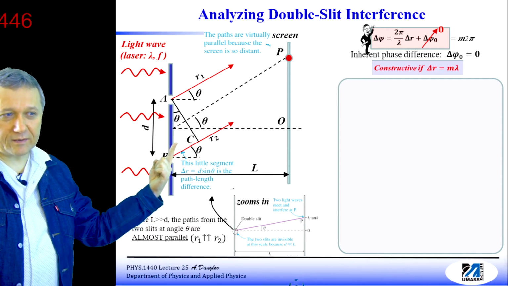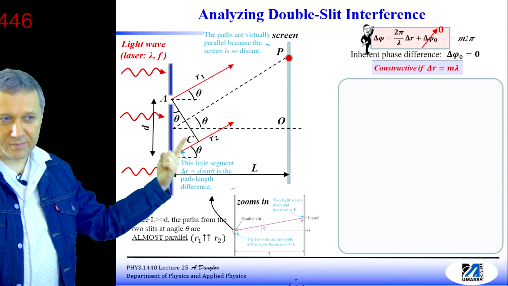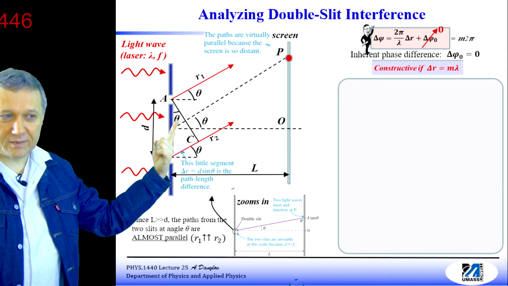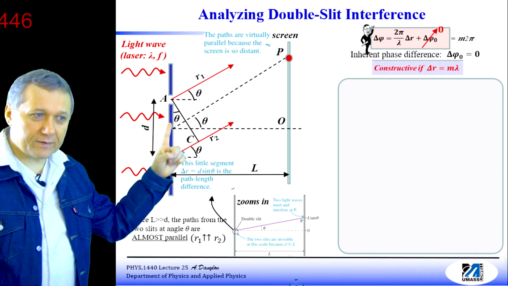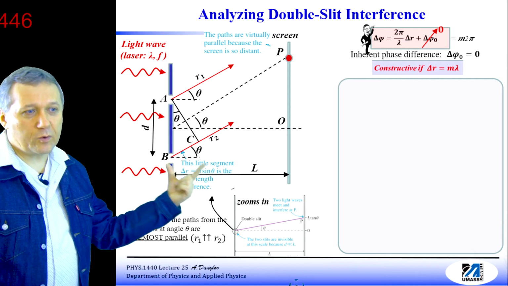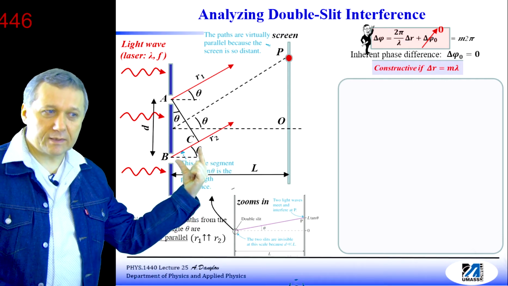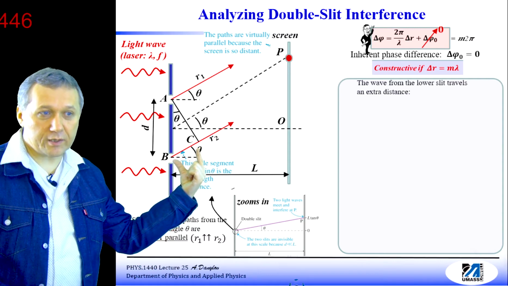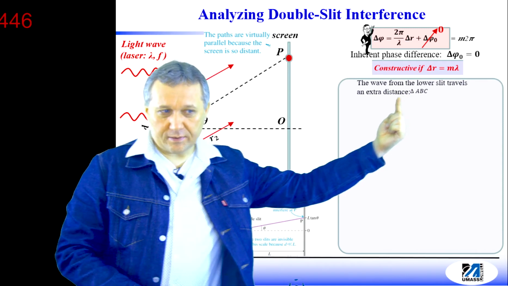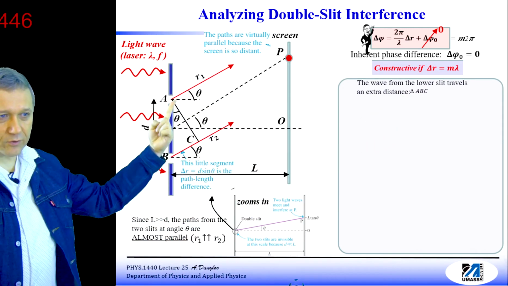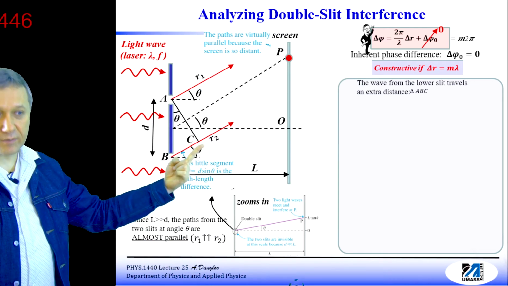So if this angle is 90 minus theta, and this angle is 90, then of course this angle must be theta. Again, reasonably simple geometry. So if that angle is theta, now we should be able to write an expression for this delta R. Looking at triangle ABC, which I just mentioned, it's a right triangle.